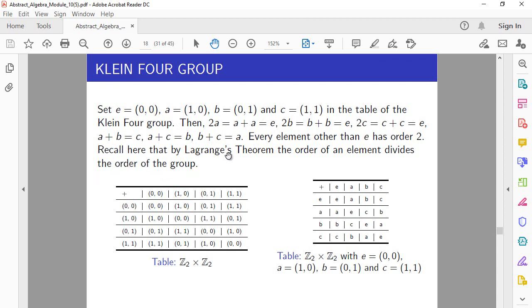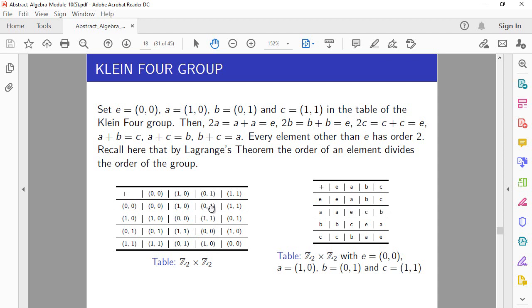Recall that by Lagrange's theorem, the order of an element divides the order of the group. Now the Klein 4 group has order 4, so the order of an element could be either 1, 2, or 4. And if we had an element of order 4, then this would become cyclic. But we don't have an element of order 4 here. Every element has order 2, and only the identity element has order 1.